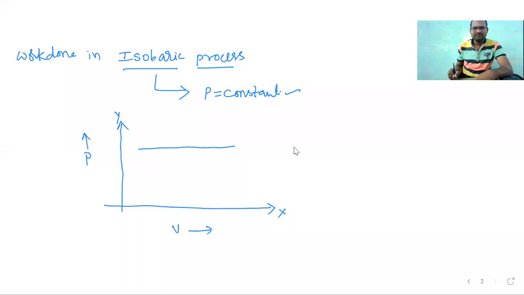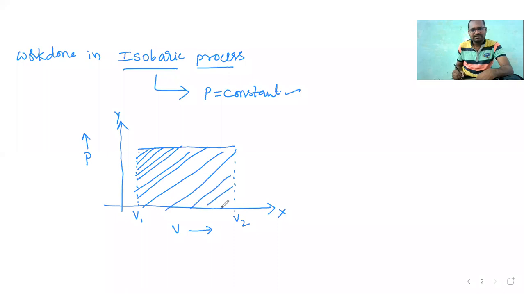Now, let us suppose this is the initial volume and this is the final volume. How do we get work done in isobaric process? If we consider this area, then you will get work done.